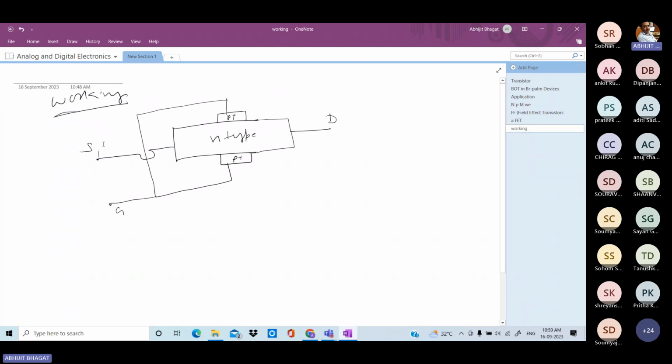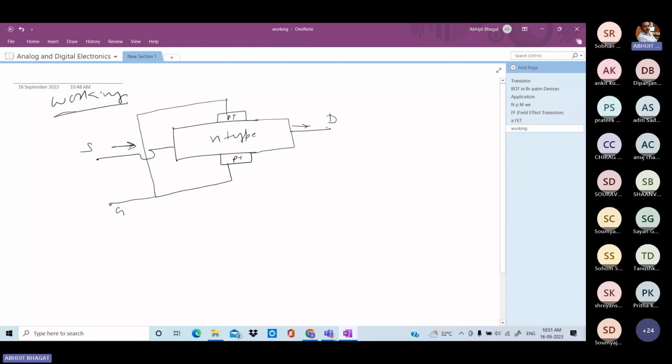Now see, what is source? Source is that region where majority charge carrier enters. The region from which the majority charge carrier enters will be the source region, and where the majority charge carrier goes out will be the drain.